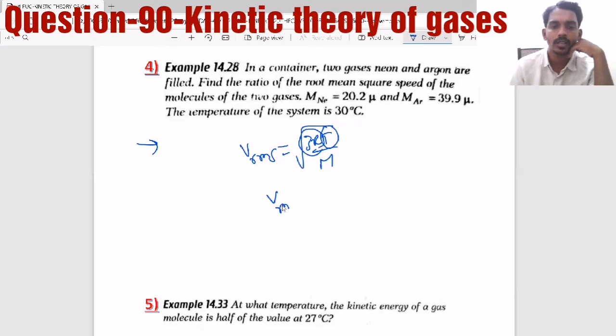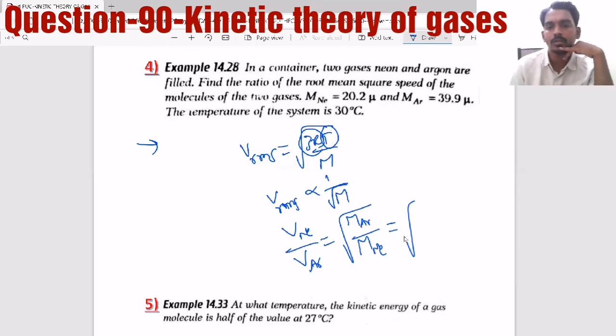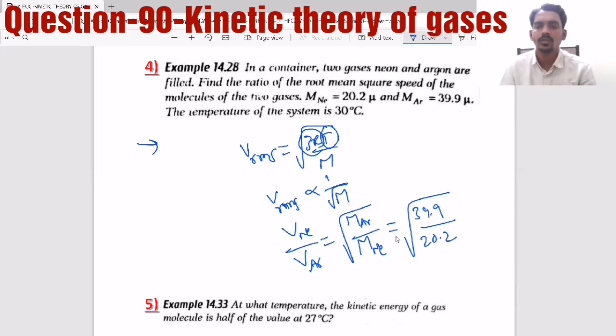So the relation you can take is Vrms is directly proportional to 1 by root M. Now V for neon by V for argon equals under root M for argon by M for neon, equals under root 39.9 by 20.2. So it is approximately 2, or less than 2 actually, 1.9 something.